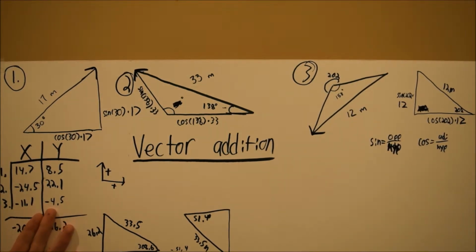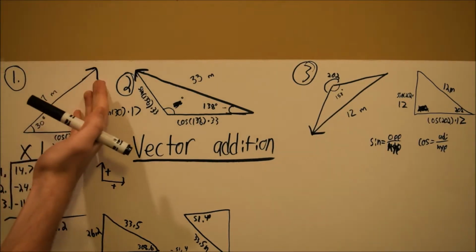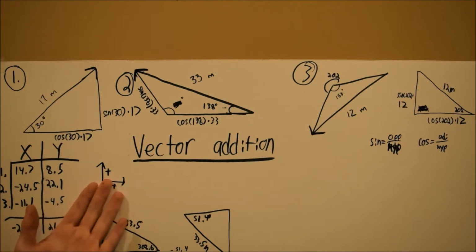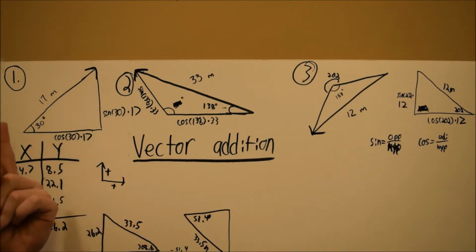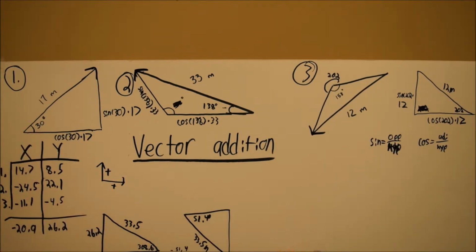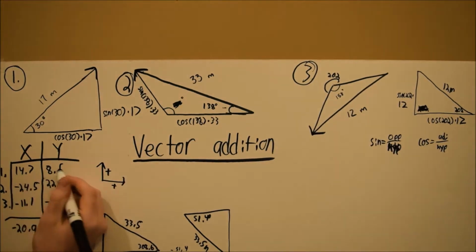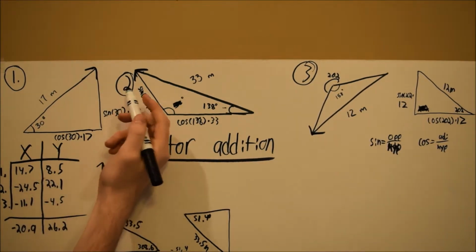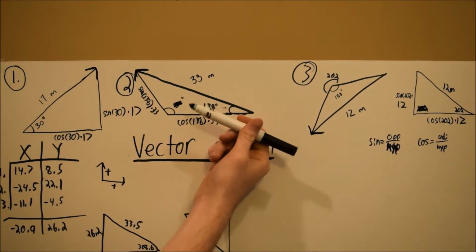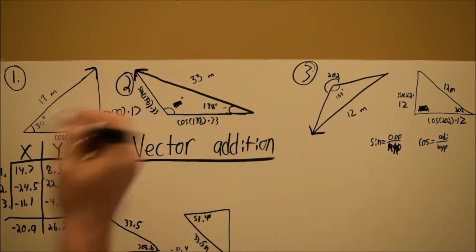How do you know whether the components are negative or positive? Well, pictures are your best friend. For me, I define my up direction as positive and my right as positive. So number 1 is going upwards to the top right, so each direction is positive. For number 2, at 138 degrees, it is going up to the left.